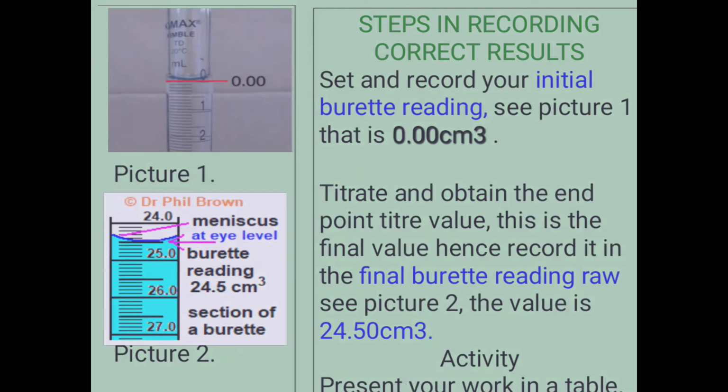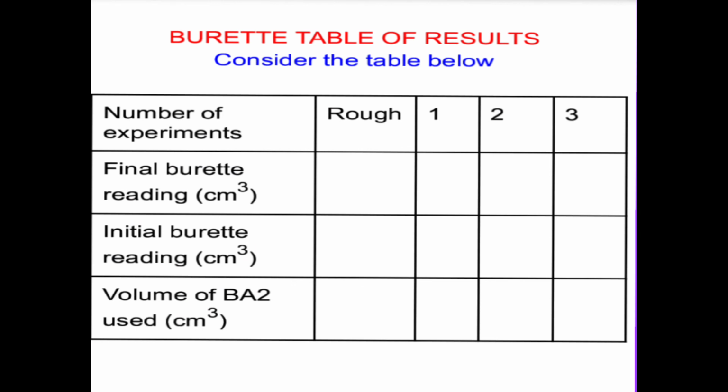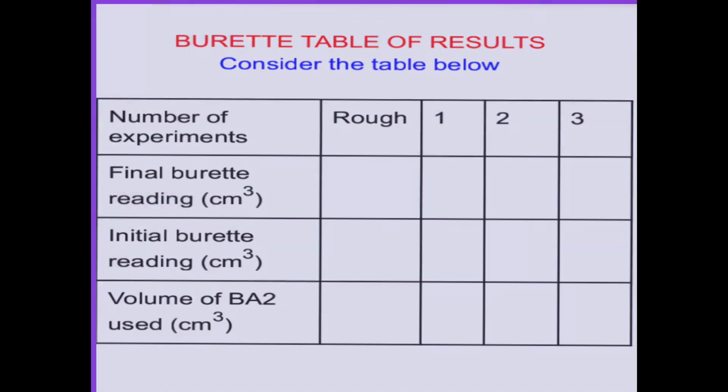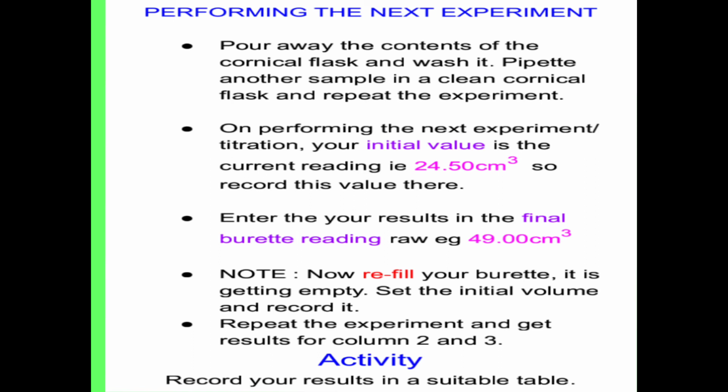You will come to your table here. Remember, we have finished the rough. Now we are on experiment number 1. So our initial burette value is 24.50 because that is where we ended in our previous experiment. After entering that value there, now we are set to titrate and perform another experiment.